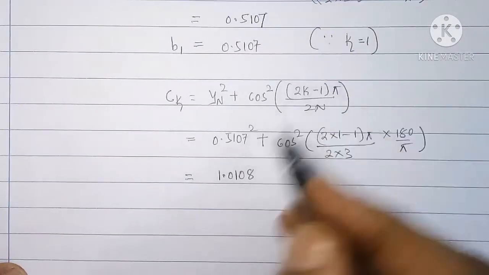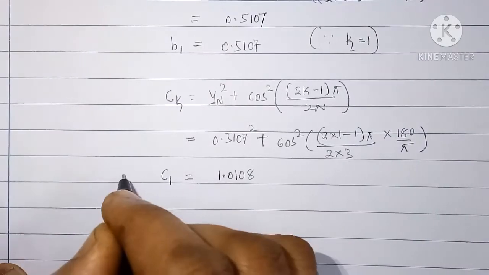But again k equal to 1, therefore ck is nothing but c1.